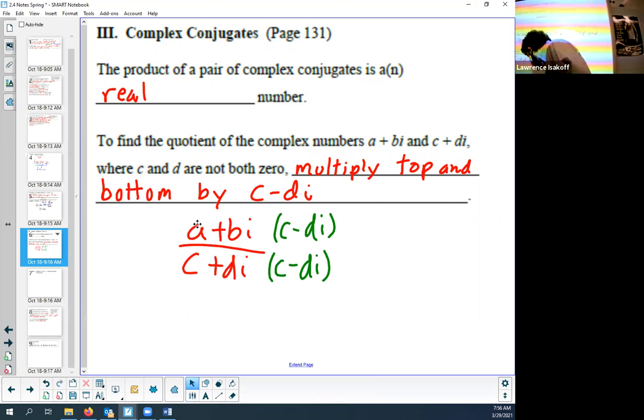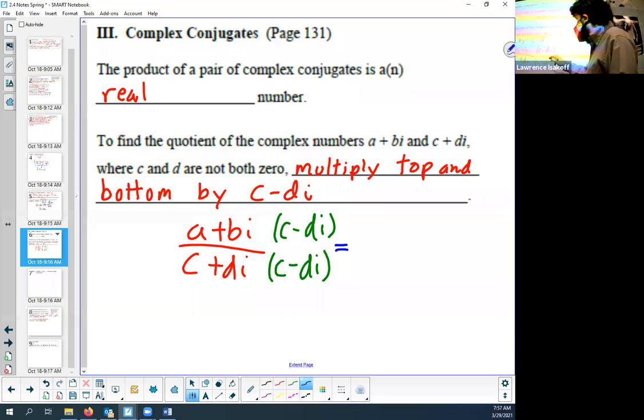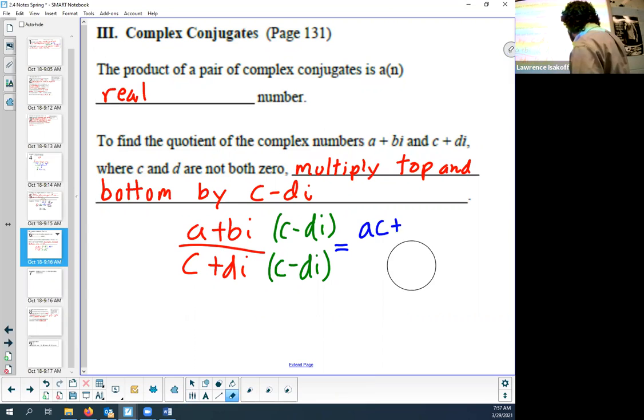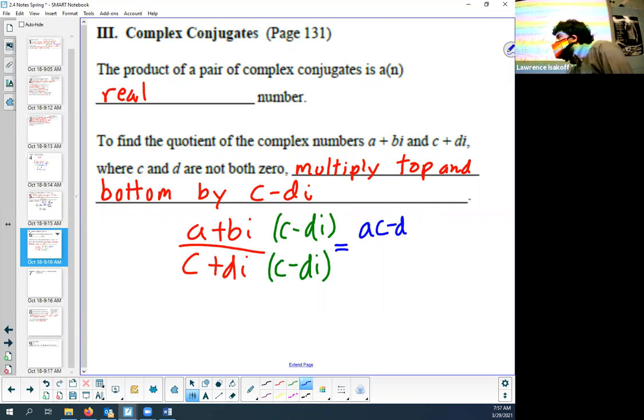Yeah, I can very quickly do this. I'm doing this super fast. This is going to be a times c, minus, sorry, no, I was right. Minus a times di.